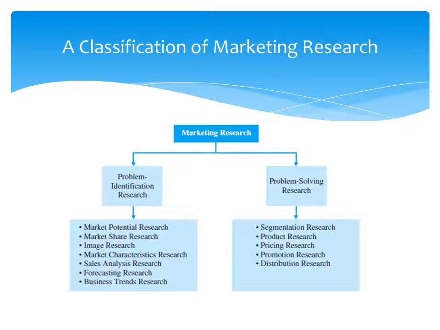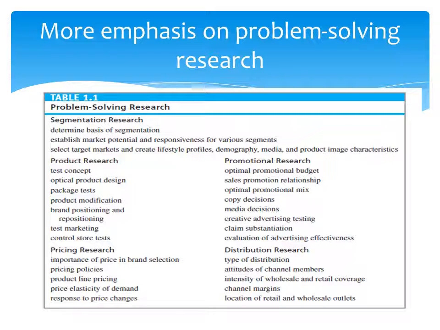All these types of research are classified as problem identification research. And the second type, problem solving research, may be in segmentation research, product research, pricing research, promotion research, or distribution research.